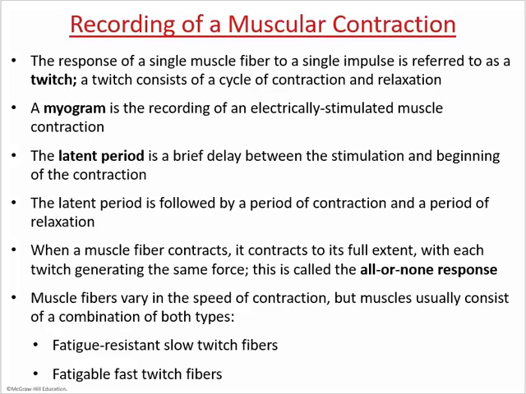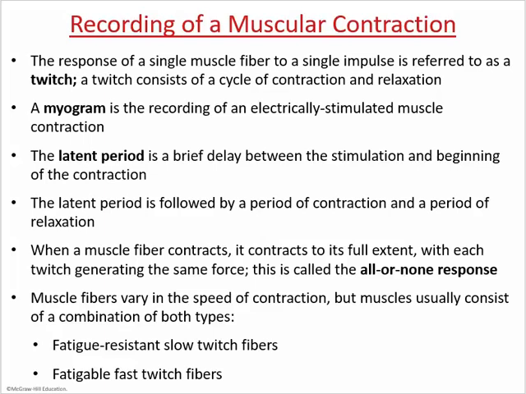Now, it reaches a peak where you have the maximum number of cross bridges happening. But then by this time, the resting membrane potential is put back. The channels are all closed, and the calcium pumps start pumping the calcium back into the sarcoplasmic reticulum.